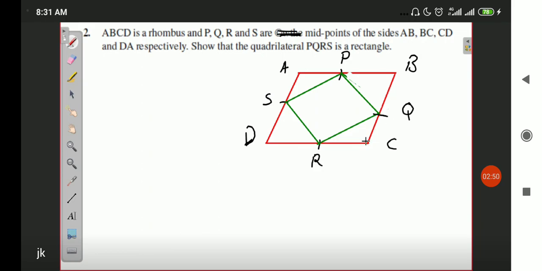This point is Q, this is C, this is B and this is a straight line. So we have to prove that this PQRS is a rectangle.